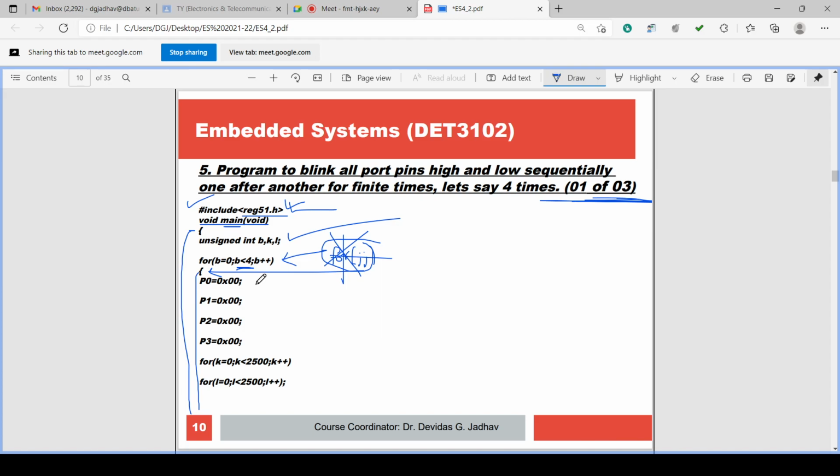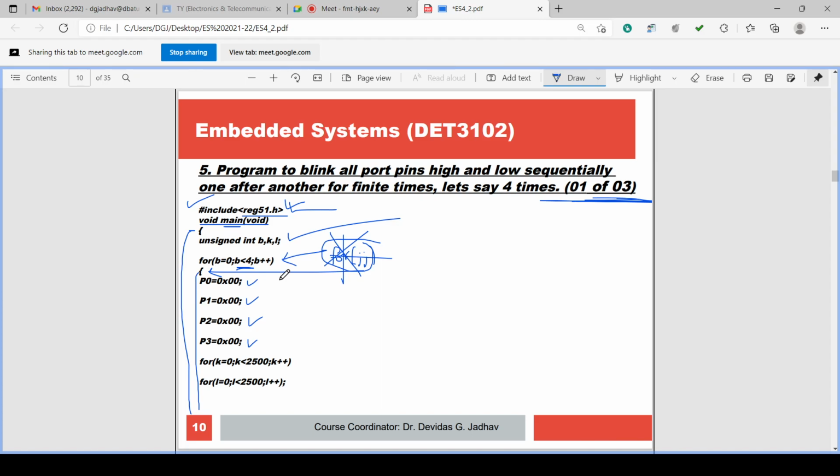What is in this block? P0 equal to 0x00, P1 equal to 0x00, P2 equal to 0x00, P3 equal to 0x00 are outputted. 0x00 means hex 00, which in binary is 00000000, total 8 zeros.